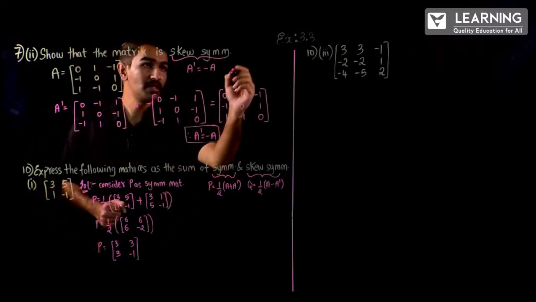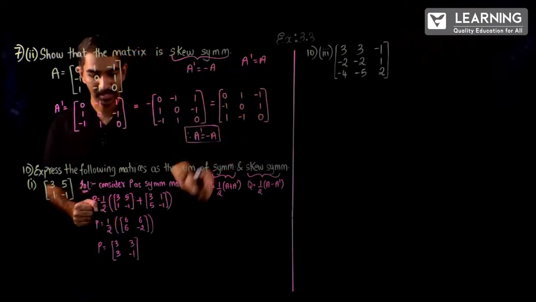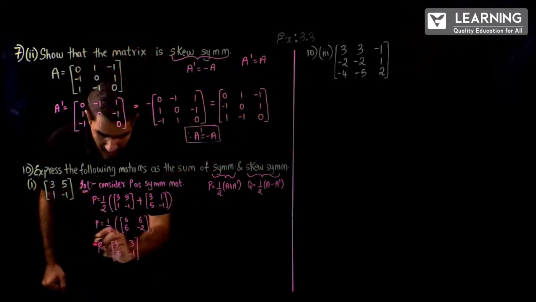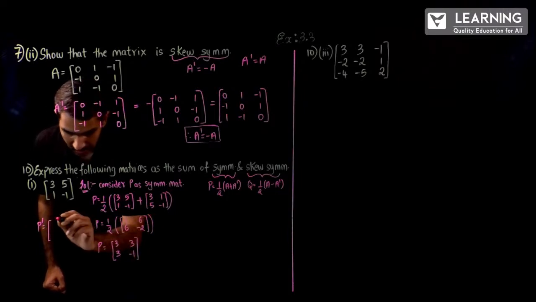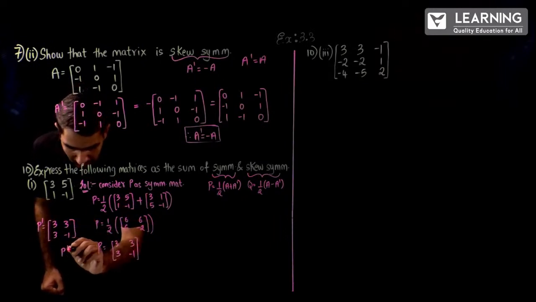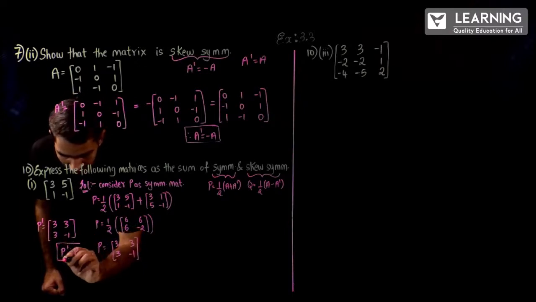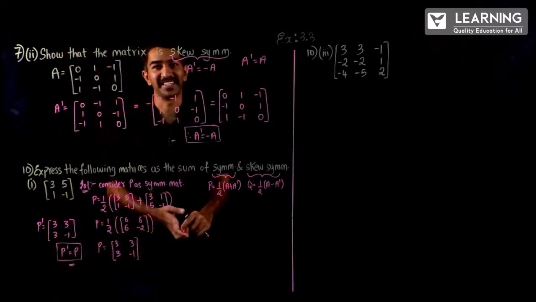If A dash is equal to A, then we call it a symmetric matrix. Now find out what P dash is. P dash will be written as 3, 3 and 3, minus 1. What can we see here? P dash is equal to P. Therefore it is a symmetric matrix.